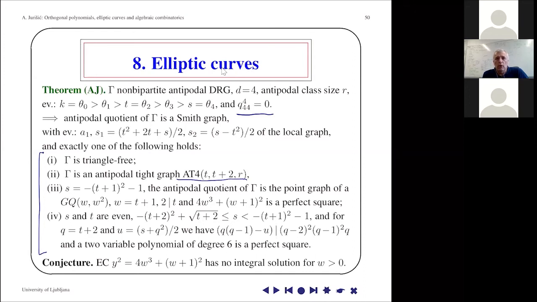But I noticed that in this second case, what we get based on the study of eigenvalues is that the antipodal quotient is actually the point graph of a generalized quadrangle GQ(s, s^2).